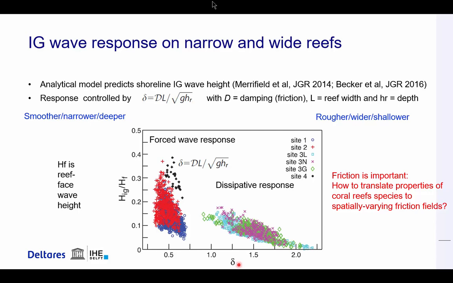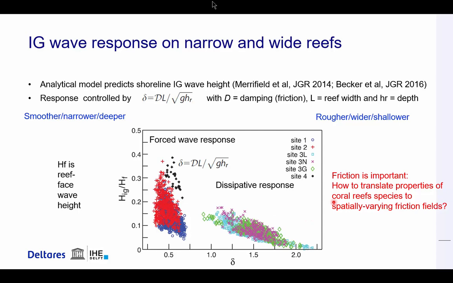And delta is a coefficient that is determined by the friction, the damping, D, the width of the reef, L, and the depth over the reef flat. And as you can see, for large deltas, which are rougher or wider or shallower reefs, the infragravity wave height is limited. And that's because of friction.